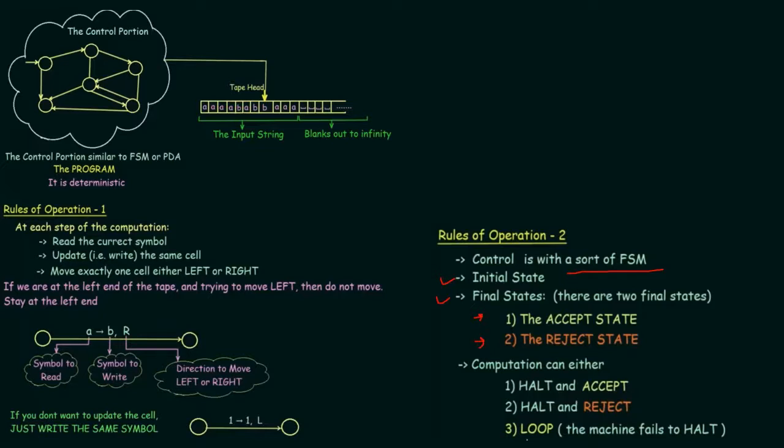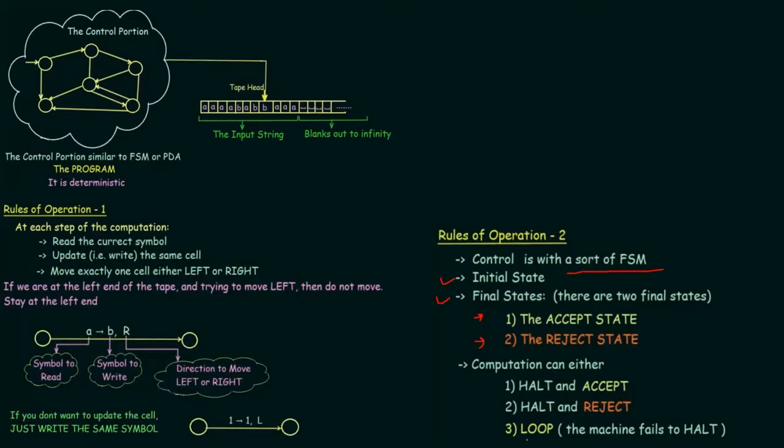In finite automata or pushdown automata, I have shown that if it accepts, it accepts. There is nothing like an accepted state or rejected state. There was only a final state and an initial state. The language either gets accepted by the final state or it doesn't.